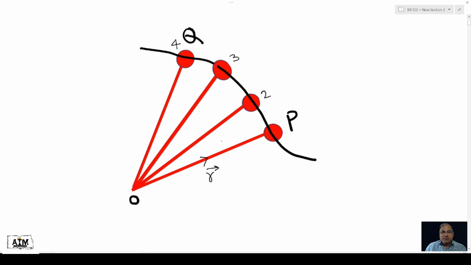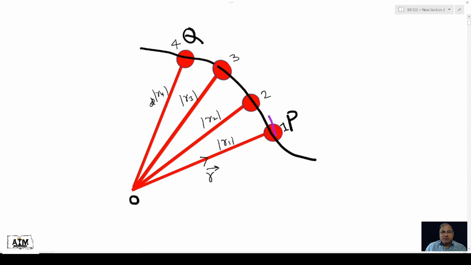In the first case, the magnitude is R1. In the second case, the magnitude is R2. In the third case, the magnitude is R3. In the fourth case, the magnitude is R4. So every time the magnitude is changing. So the vector dR is changing as the particle is moving from point P to point Q. As the particle is moving along the curve, its direction is also changing.